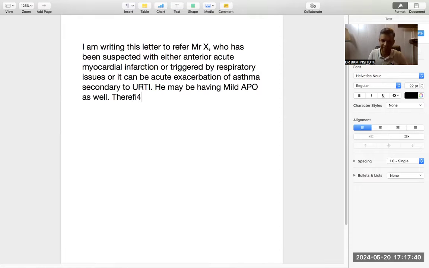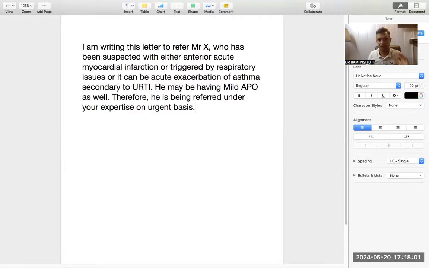Therefore, he is being referred under your expertise. This letter obviously is very big. In exam, you do not get letter like this. To be honest, they have not come for a long time. But I'm writing to emergency registrar, so I will write, therefore, he is being referred under your expertise on urgent basis.